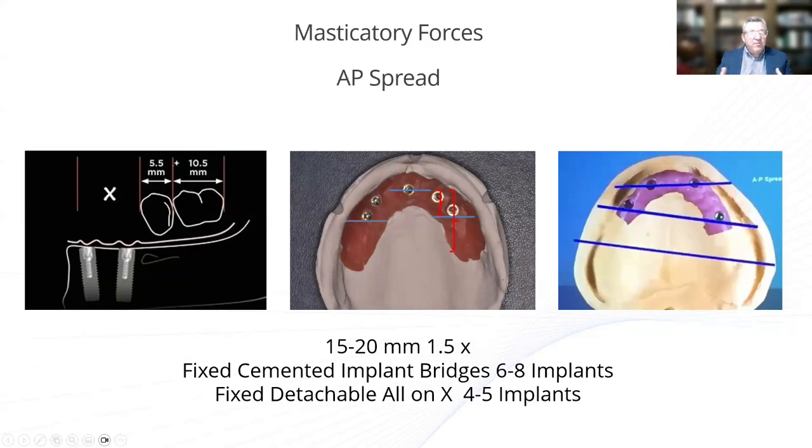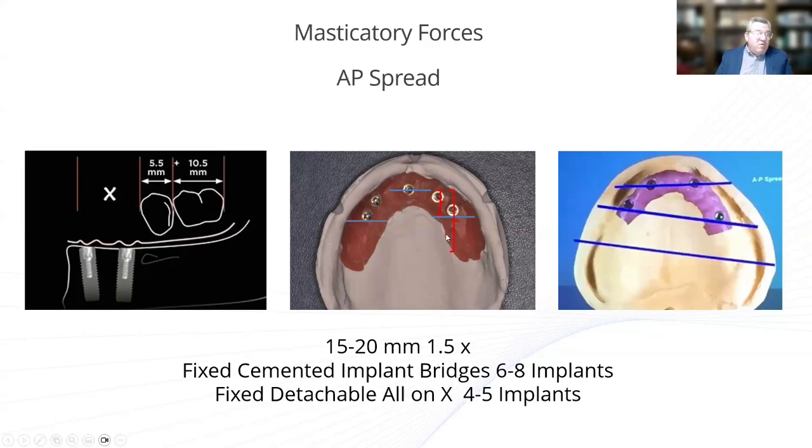That's why when you do hybrids, you only see one molar, or maybe one bicuspid and one molar, depending on how much space you have from the anterior-most implant to the posterior, and you add another half to that.